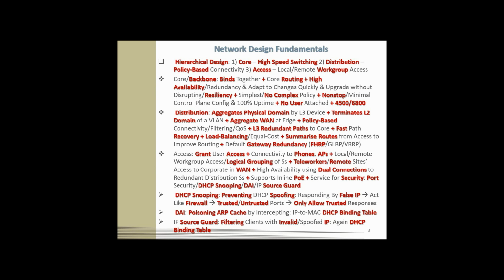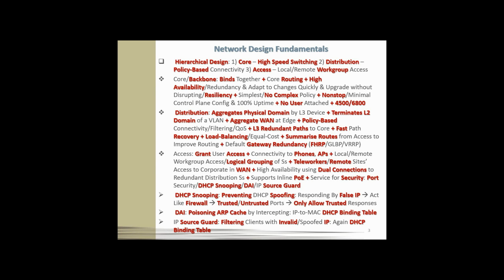But unlike distribution layer, here with access layer, we expect it to use dual connections for redundancy from access switches to redundant distribution layer switches. So remember, dual connections from access layer switches to distribution layer switches.